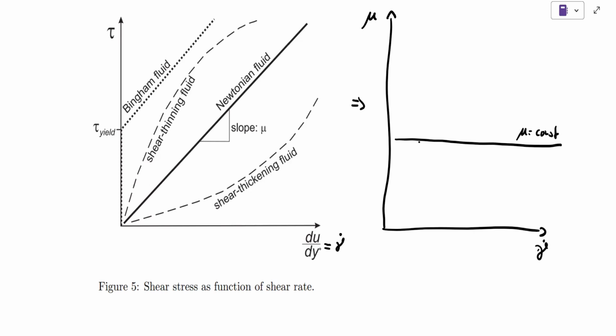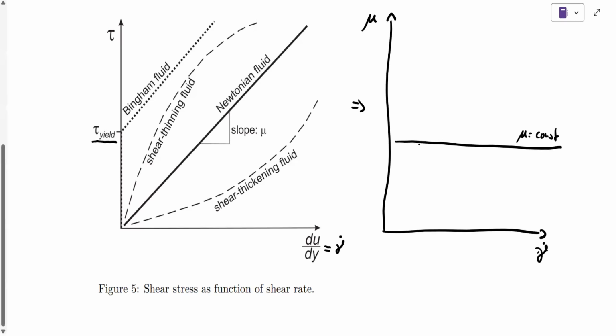And then, of course, we can do the same for other fluids. So another fluid may be the Bingham fluid. Here we see a so-called yield stress. That means that if we have shear stresses below the yield stress, then we only see elastic deformation, and the fluid behaves like a solid, for example, toothpaste.